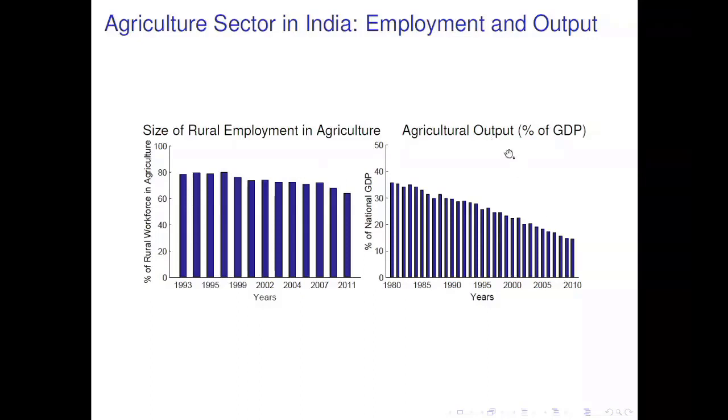On the right-hand side, we can see that we're showing as a percent of national GDP what was the share of agricultural output. And again, you can see for most of the sample, it has been greater than 25%. So that's again a very substantial share of the total output, although it has been declining and it will continue to do so like any emerging economy. But at least in our sample, the share is pretty large.